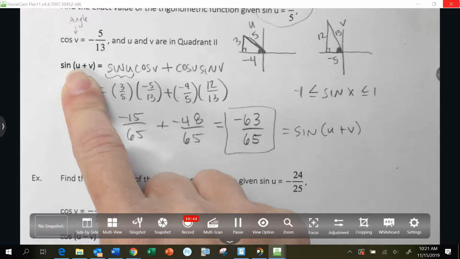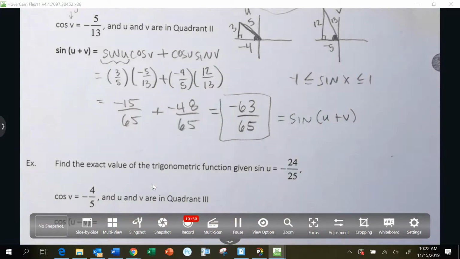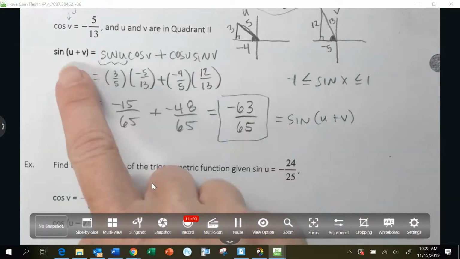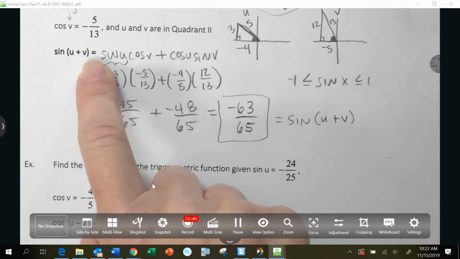Like whenever it gives you a sine and a cosine, it's just automatically add, because it just says find. Are those like one angle? No, because u is one angle, and v is a completely separate angle.